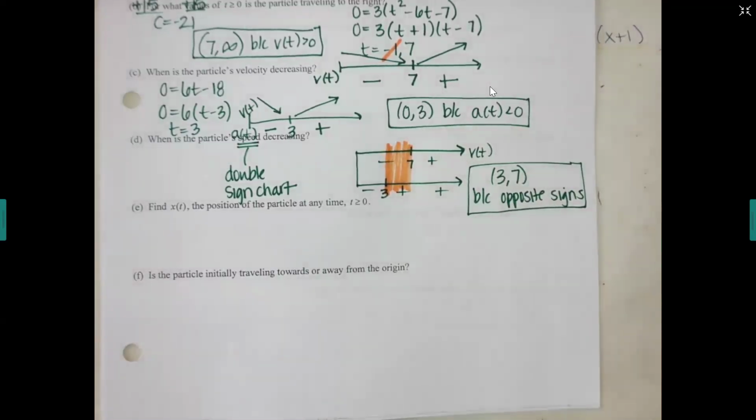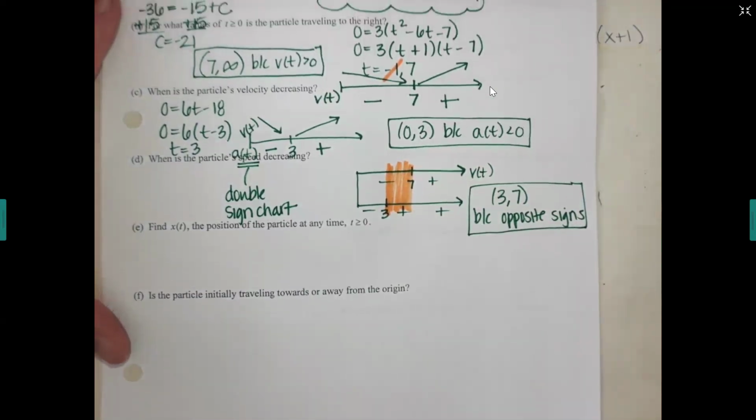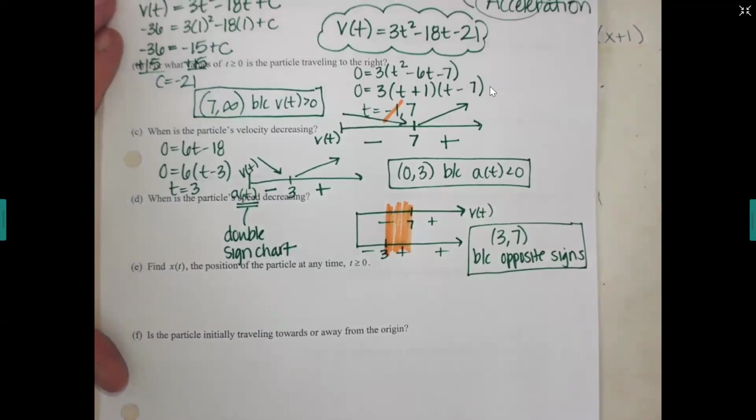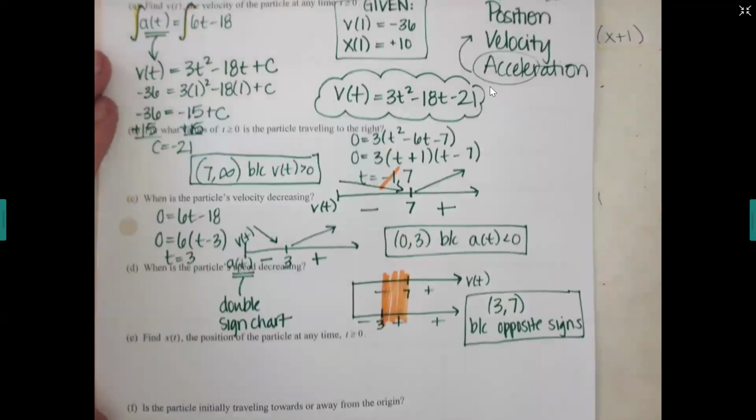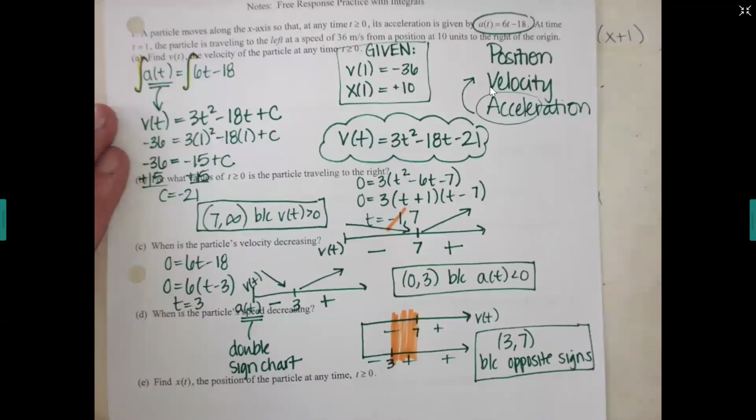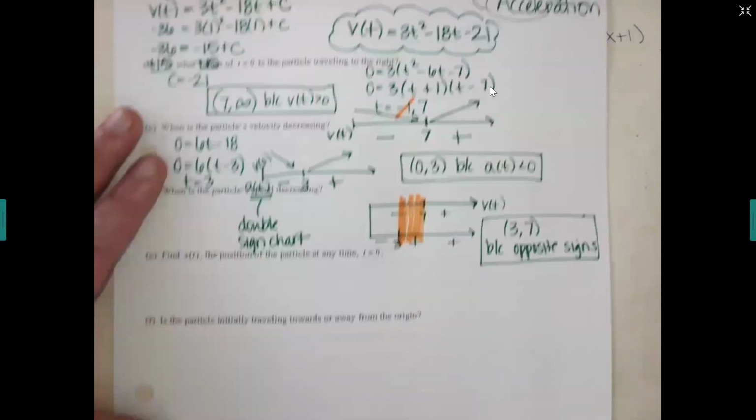All right. Next question asks me to find position. So look back at that little chart that you made up here in the corner. They started me off with acceleration. I did an antiderivative to get to velocity. So now if I want position, I'm going to have to antiderivative again. So rewrite your velocity equation, and then we're going to integral on both sides.